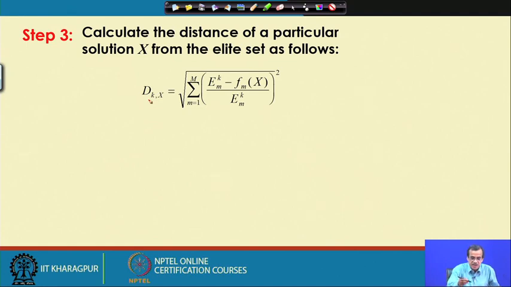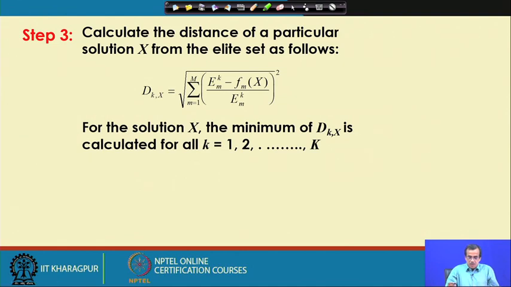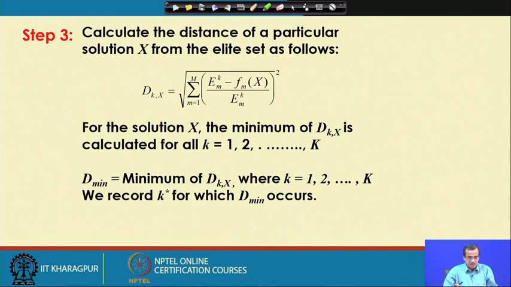After we have got 10 such values, we compare those numerical values of this particular d_kx, and we try to say for which value of k I am getting the minimum of the Euclidean distance values.